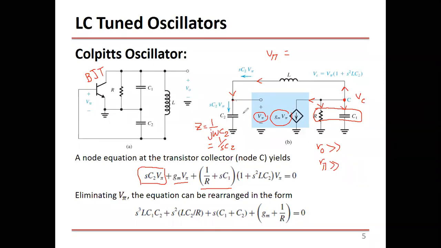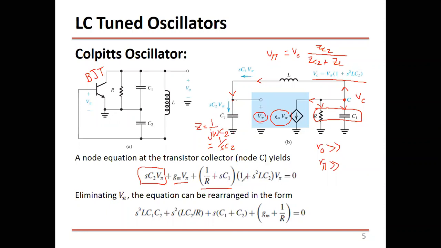So V pi is VC times ZC2 divided by ZC2 plus ZL, okay? And if you do this and solve for VC, you'll find VC equals this.